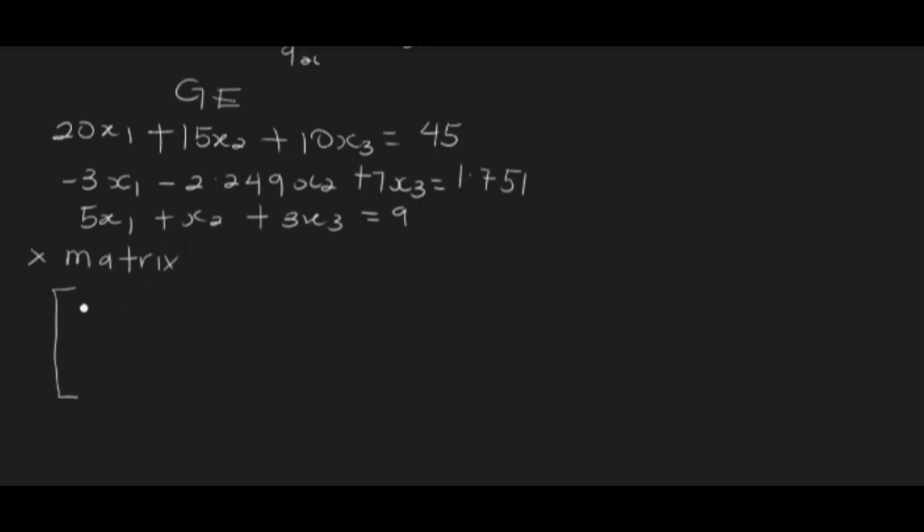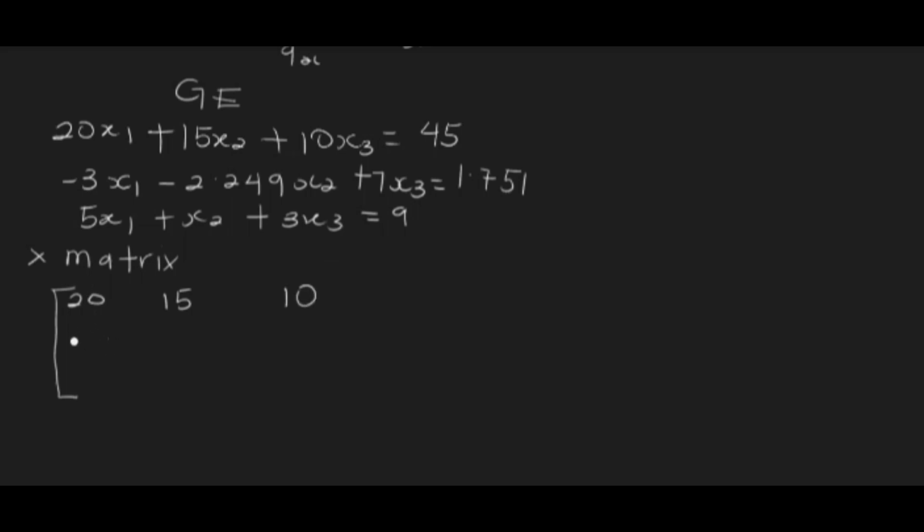Since it is 3 equations, you are going to get a 3 by 3 matrix, right? So our coefficients, the first one is going to be 20. The second one here is 15. The third one is 10.